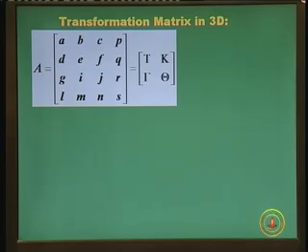Okay. So, if you look at the screen now, we have the capital A matrix with 4 cross 4 elements a, b, c, p, d, e, f, q and so on, and what I do is I represent this matrix A by what I will call partition matrices: T, K, tau, capital Tau and capital theta.